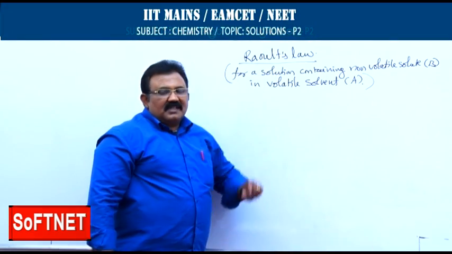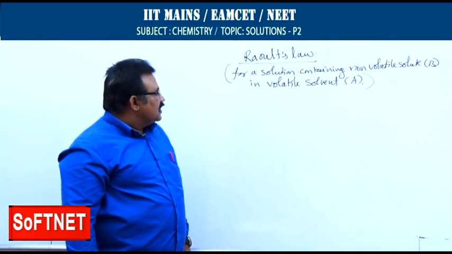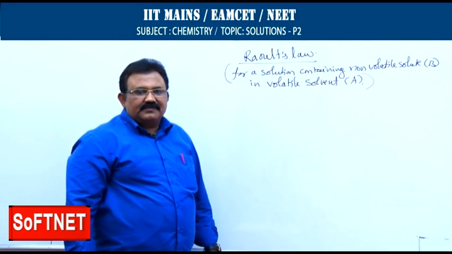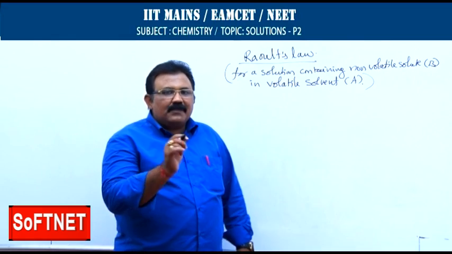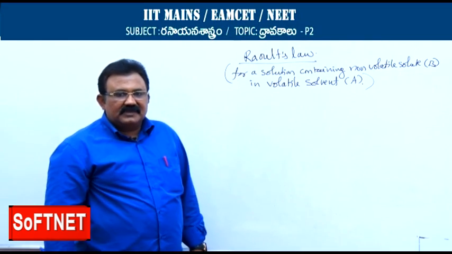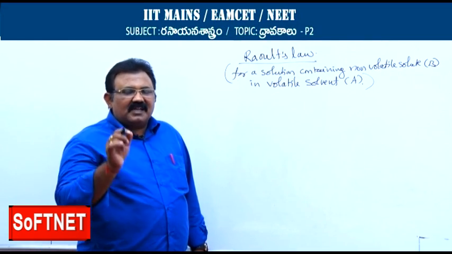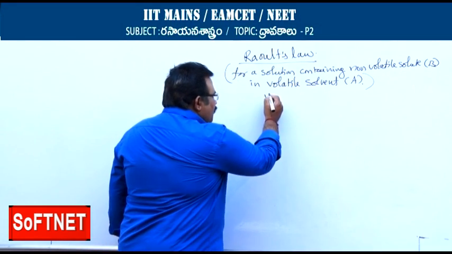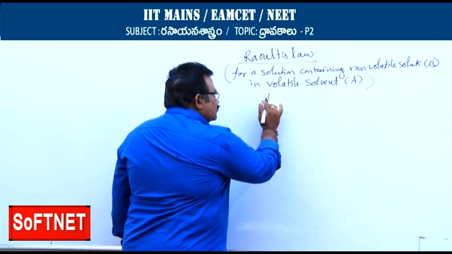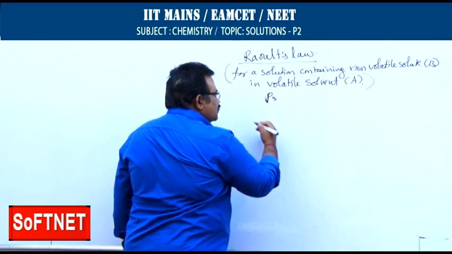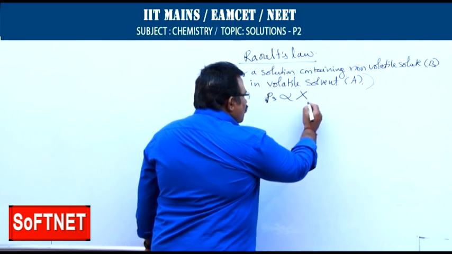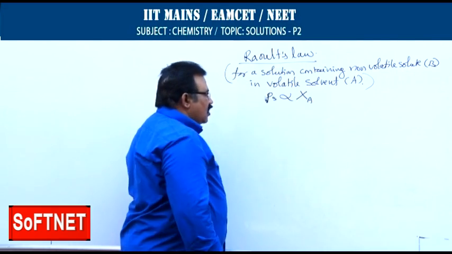So what does Raoult's law say? The vapor pressure of a solution is directly proportional to the mole fraction of the solvent. Vapor pressure of solution Ps is directly proportional to mole fraction of solvent.